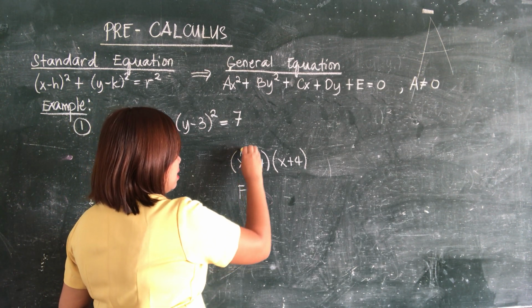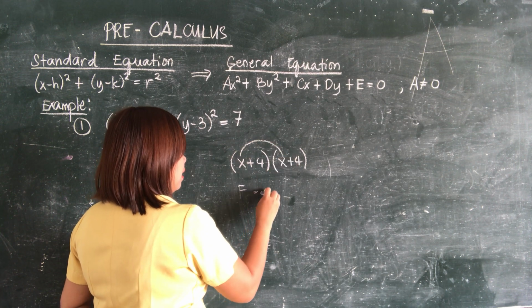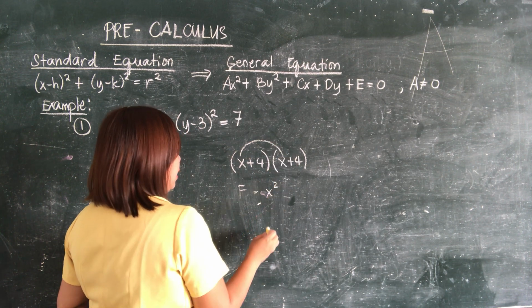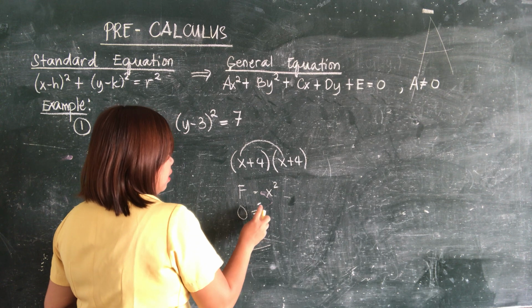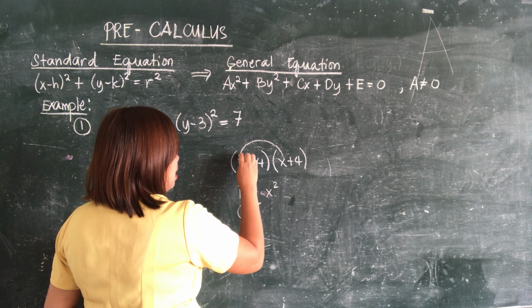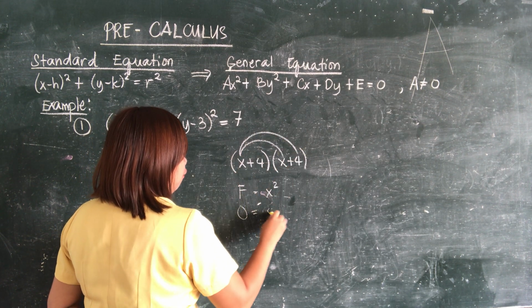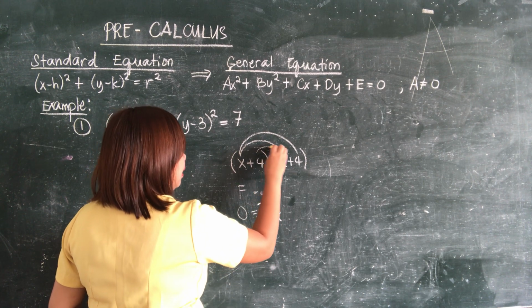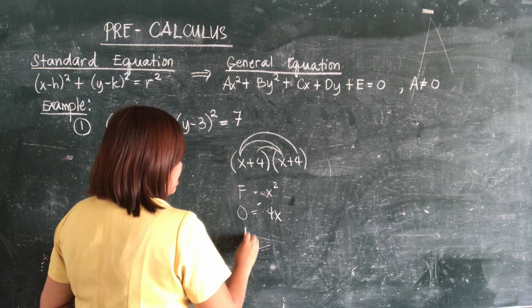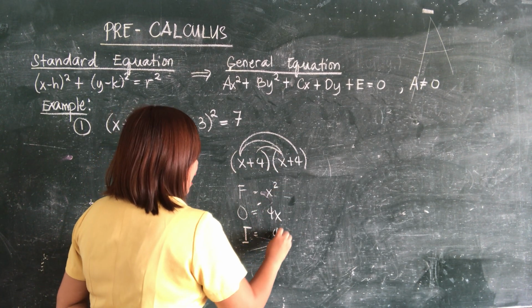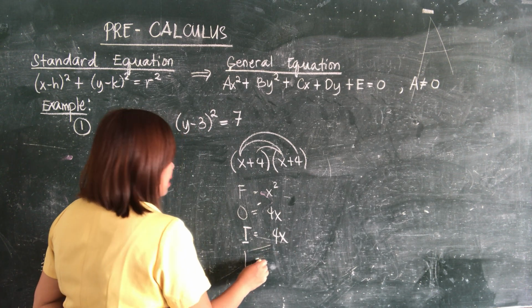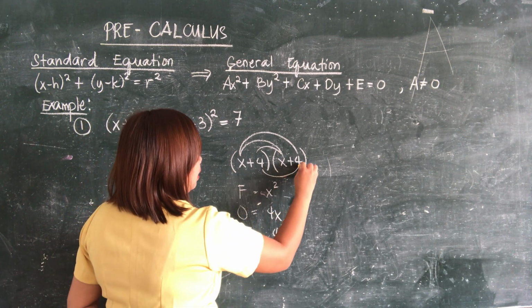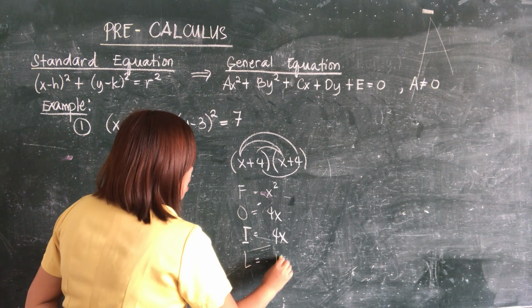F is x times x, so you will have x times x is x squared. Then O, yung O natin, outer terms, x times 4, we have 4x. And then inner term, 4 times x is equal to 4x. And the last term is equal to 4 times 4, that will give you 16.